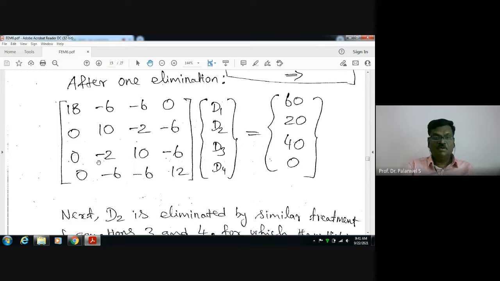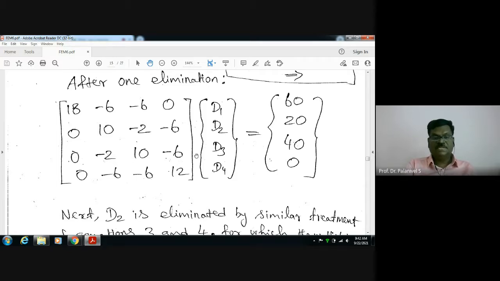How do you eliminate? I have to make this term 0. For that, what to do? This is K22, the diagonal term in the second row. You take that K22, and this is K32. Multiply row 2 by K32 divided by K22 and subtract it from row 3.